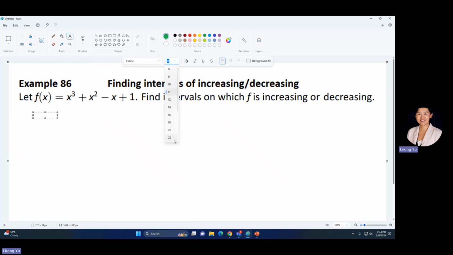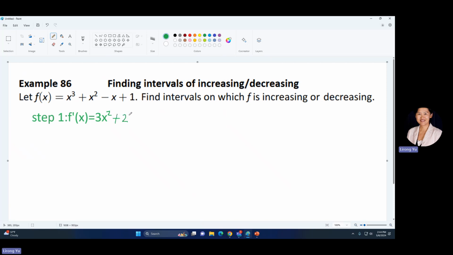Let's find the critical points. To find the critical points, we have to find the derivative. The derivative of the function is equal to 3x squared plus 2x minus 1.